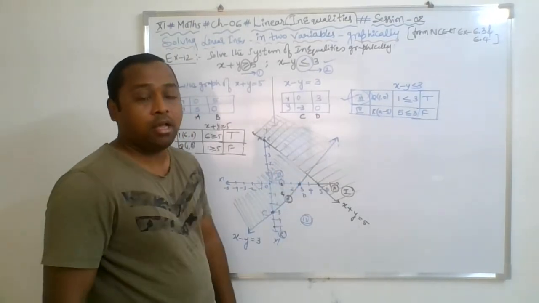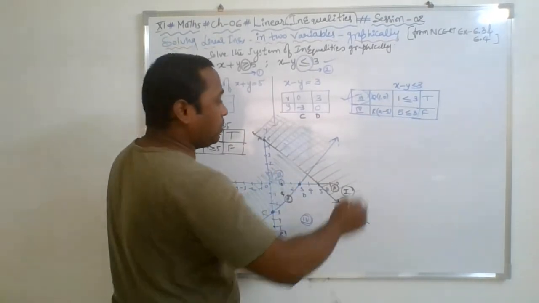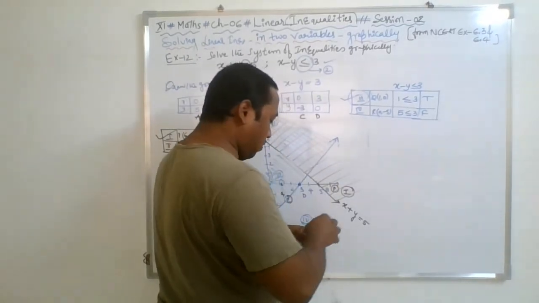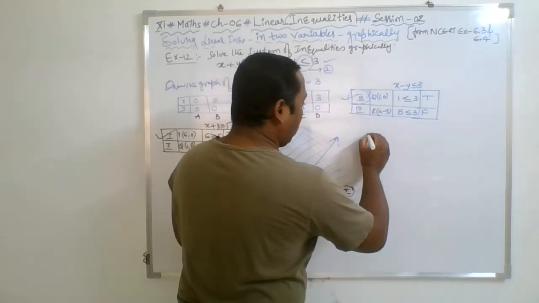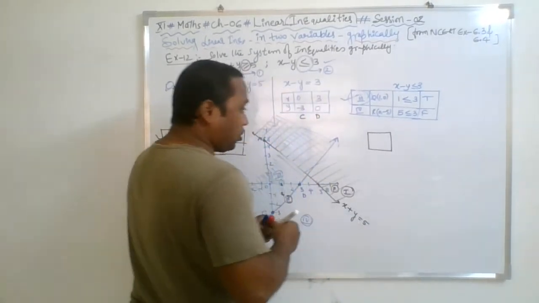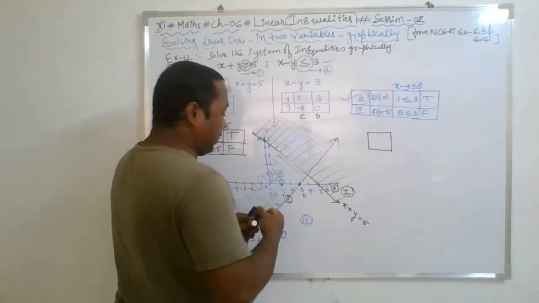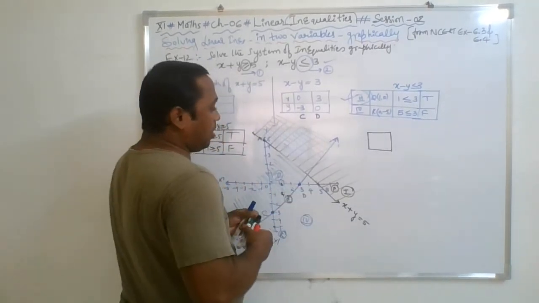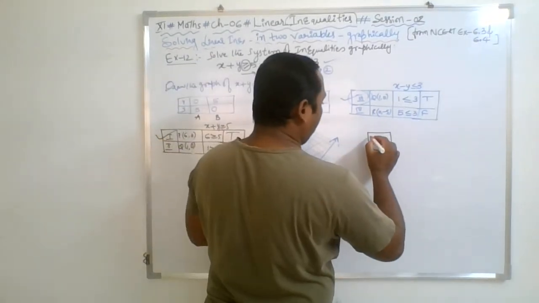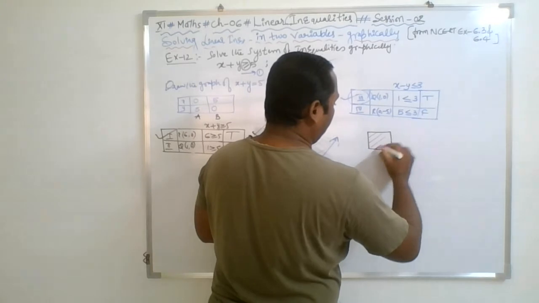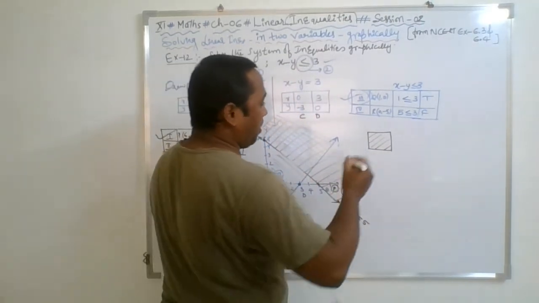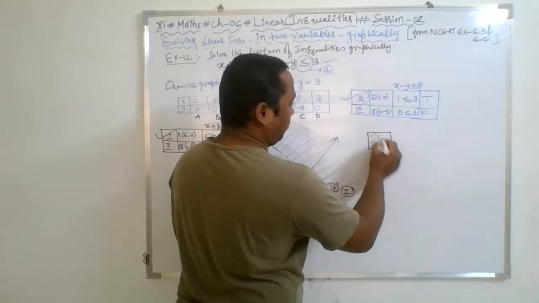So how to represent, how to state the answer? Just make a box aside on the graph or on the answer sheet to say it is a solution region. First, which colors did you use, red and green, so in that way only you need to say red, and this is crossed by the green.